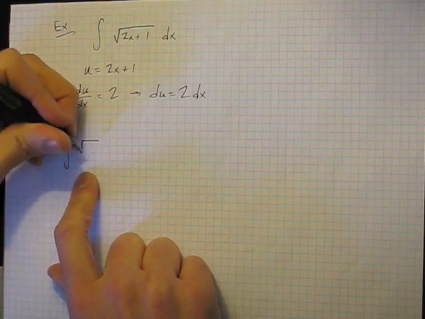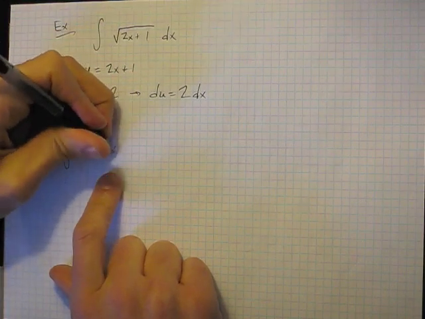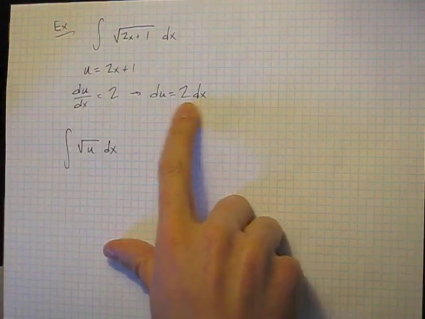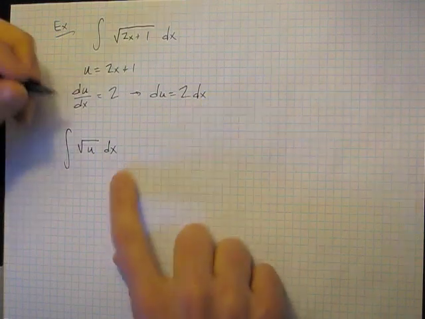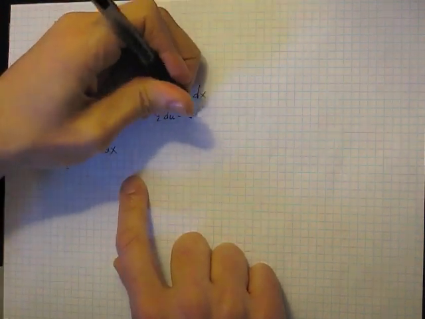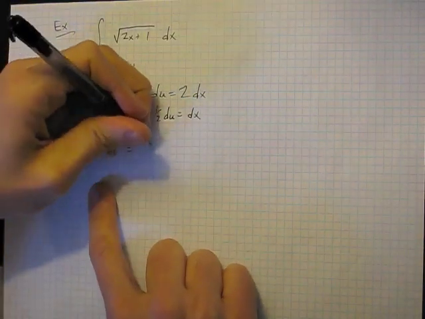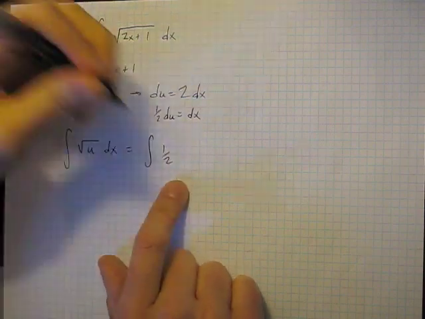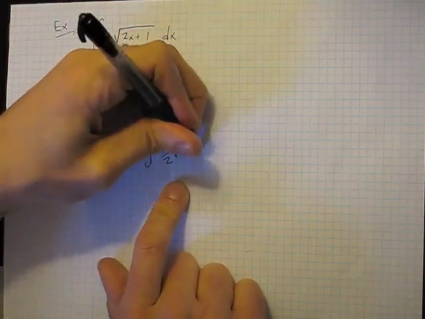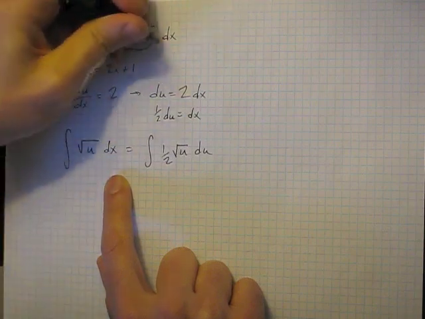So we write the square root of u, we've replaced that by u, and we still have a dx here. Dx is equal to 1/2 of du, so we can just see that by dividing away the 2. So everywhere we see dx, we write 1/2 times du, and so we get 1/2 times the square root of u du. Okay, and now we've accounted for this piece.